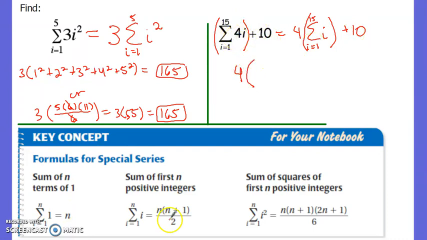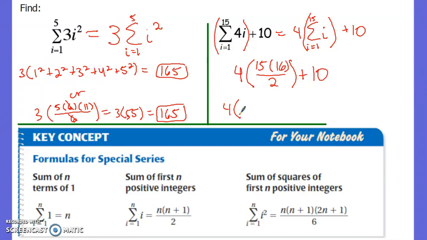So let's use our formula from the middle down here. We have 15 terms, so n is 15 times 15 plus 1, so 16, divided by, note the 2 in the formula, and then we've got this plus 10 up here on the outside. So we can say that's 4 times.